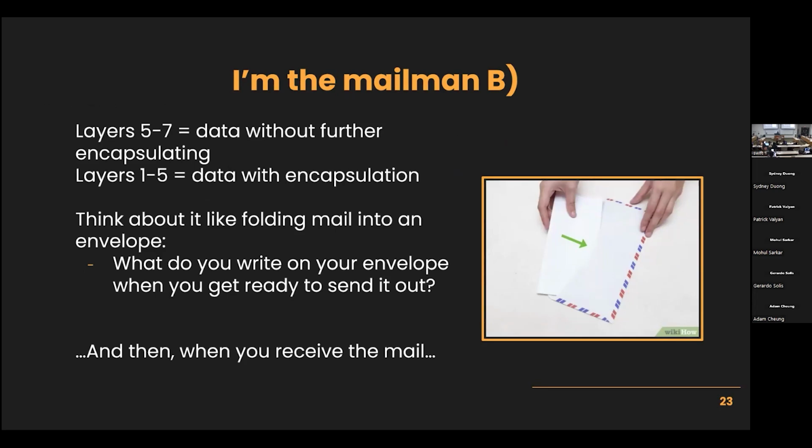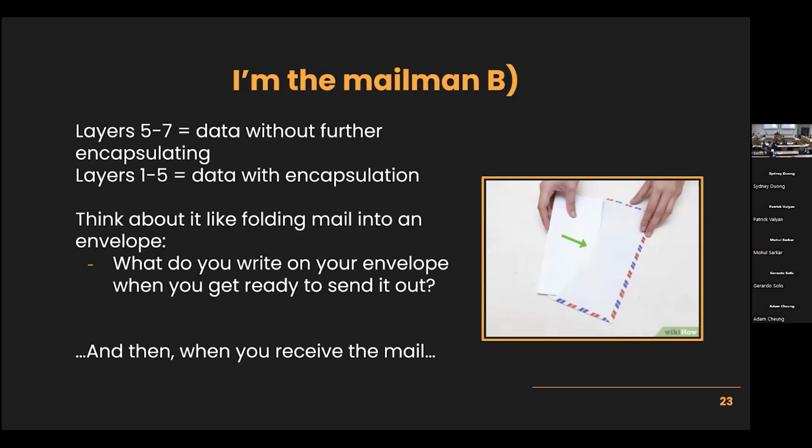Say the post office picks up that mail. The post office doesn't exactly know how to send to the destination yet. It sends it to the next post office. So what it does is it folds up that packet mail into a frame envelope. And then going down along the encapsulation process, you fold up the frame mail into the bit envelope.